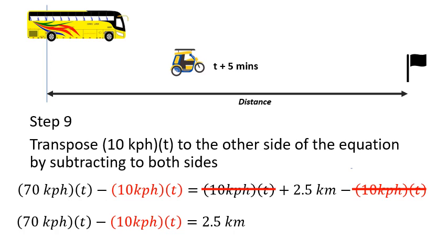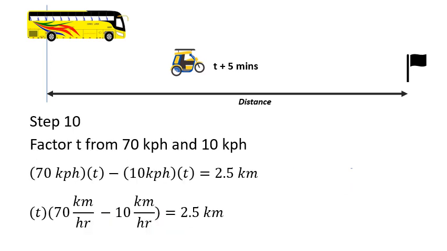Multiply negative 10 kilometers per hour times time to both sides of the equation so that we can isolate 2.5 kilometers. And so therefore, the final equation will be 70 kilometers per hour times time minus 10 kilometers per hour times time is equal to 2.5 kilometers.